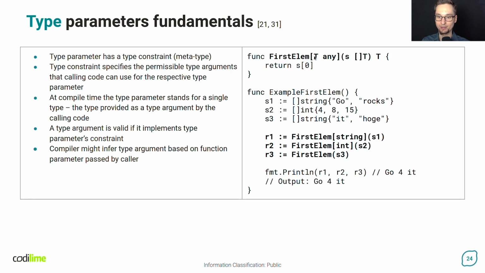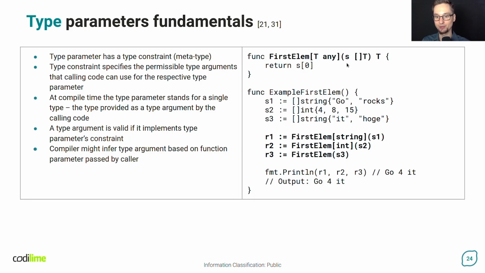The list of type parameters is defined in square brackets here. So type parameter T has a type constraint any. We could say that this constraint any is a type of type parameter T. We could call it a meta type. And any is a constraint that allows all the types. So this function works with slices of any type.